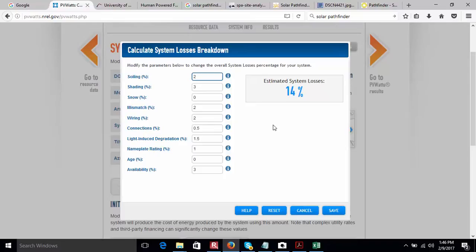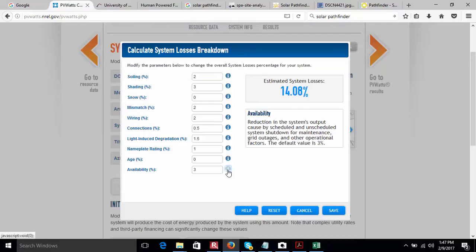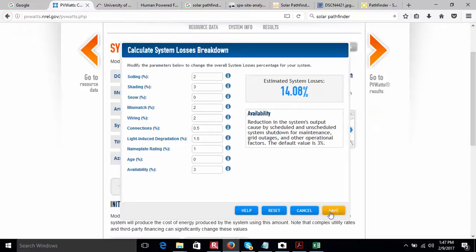Light-induced degradation, so the solar panels over time become less effective, so that number just grows with time. Nameplate rating, that's never perfect. Age, and then, let's see what availability is. Oh, so you shut the thing down for maintenance. So let's say that's fine, like all that.